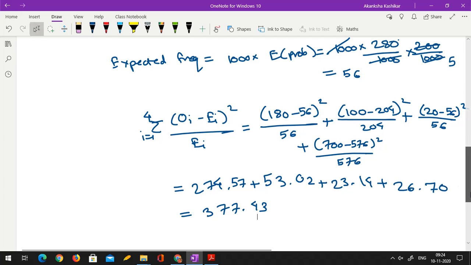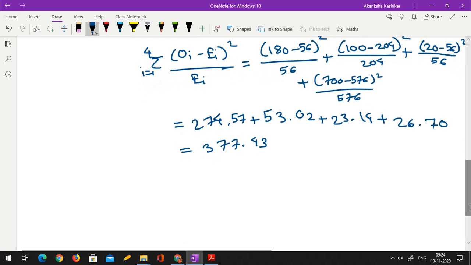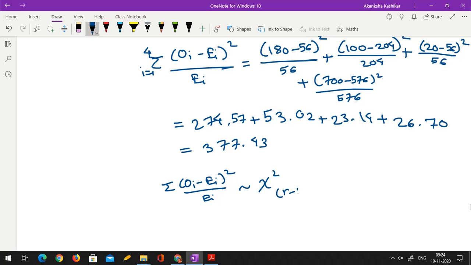So under the null hypothesis, distribution of this test statistic, that is (OI minus EI) whole square upon EI, under null hypothesis it is chi-square with (R minus 1)(C minus 1) degrees of freedom, where R is number of rows and C is number of columns. So here my number of rows is 2, number of columns is 2. So I have to compare with chi-square 1.